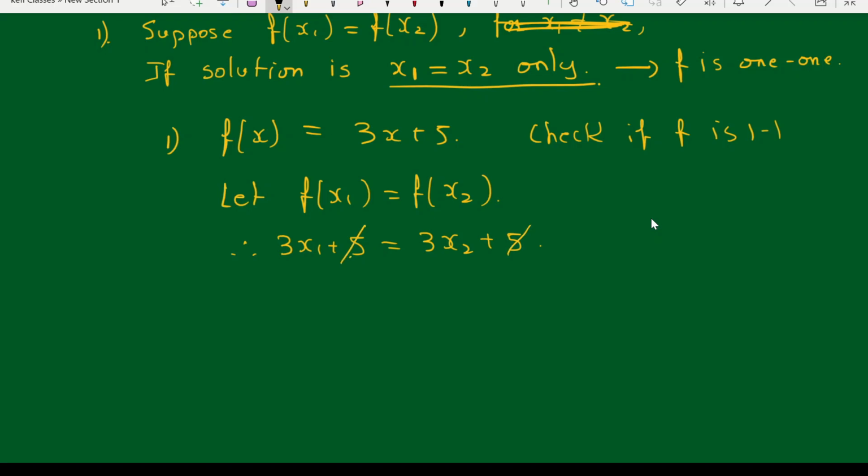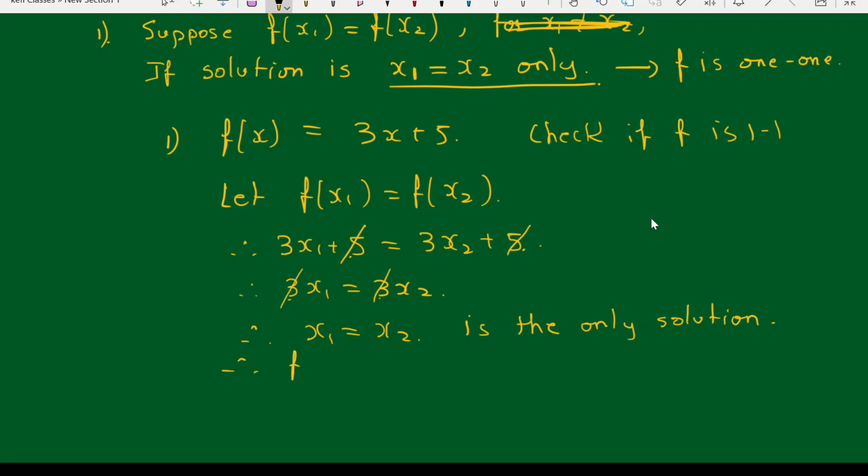Naturally plus 5 will cancel. Therefore 3x1 is equal to 3x2. So 3 and 3 will also cancel. Therefore x1 is equal to x2 is the only solution. Okay? Therefore f is 1-1.